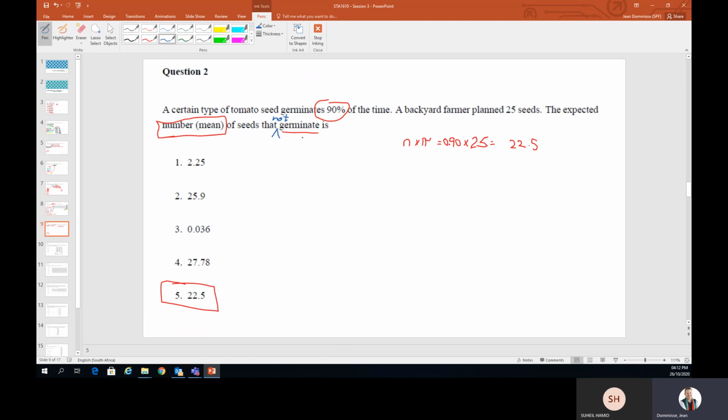So if I say not, then we don't work with the 90%, but we work with 10%, because then it is the 100% minus 90%. So if I throw in the word not here, just remember that that is then saying we want the opposite of that. So instead of 90%, we will look at 10%.